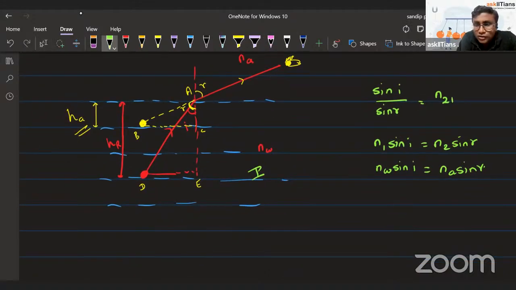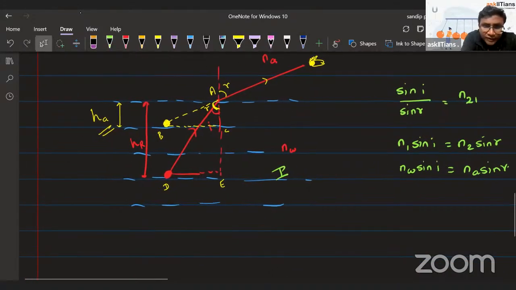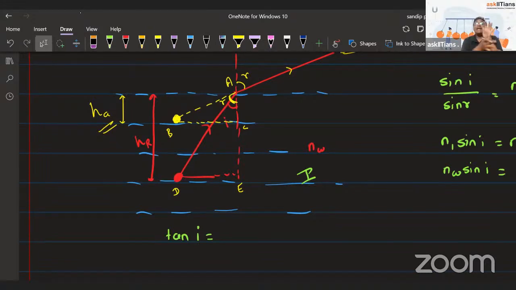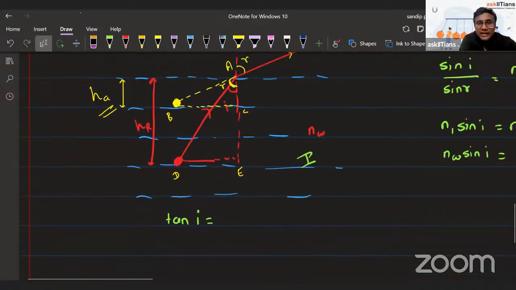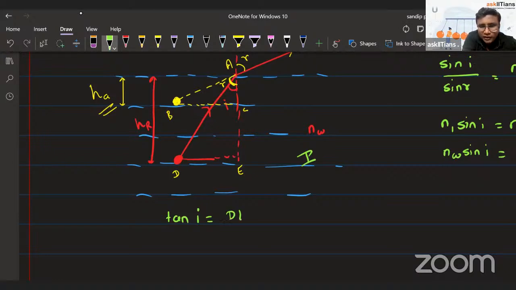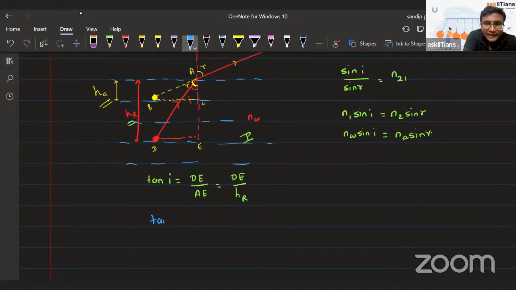First of all, let's find tan I from this red triangle. Tan I is equal to DE upon AE, and AE is nothing but your HR, the real depth. Then similarly, tan R from the yellow triangle: tan R is equal to BC upon AC.